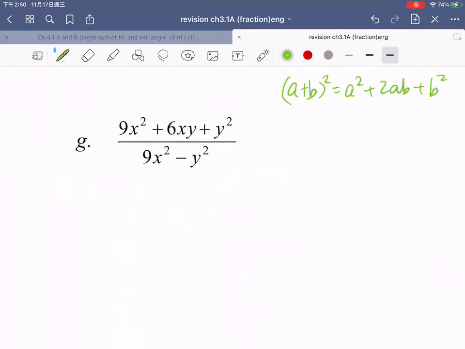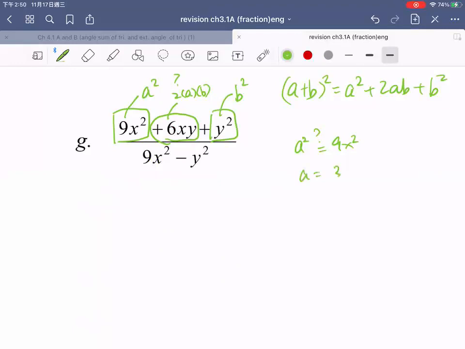And this time we try whether this one is a squared, and this one is b squared, and this one is 2ab. Because a squared is 9x squared, a should be 3x, right? If b squared is y squared, then b should be y, right?